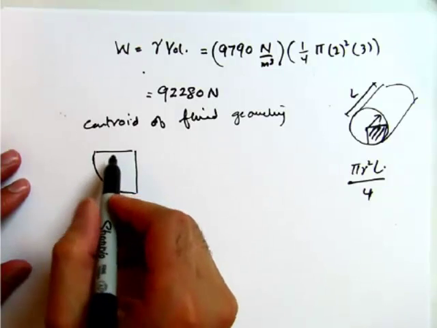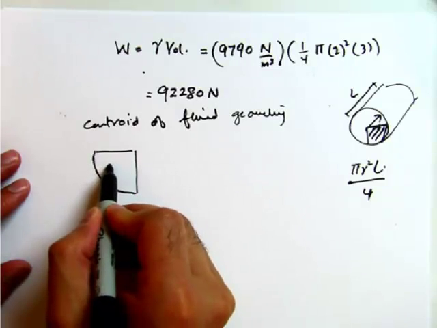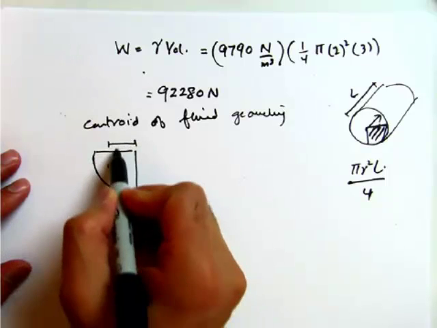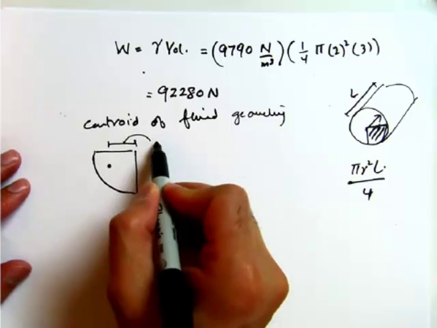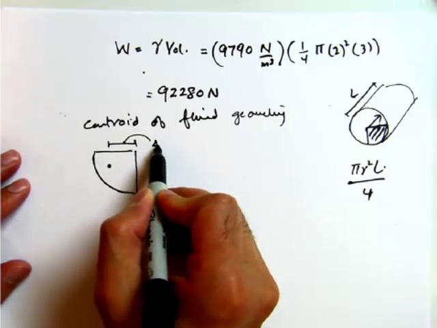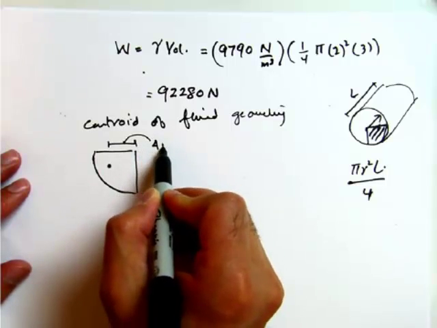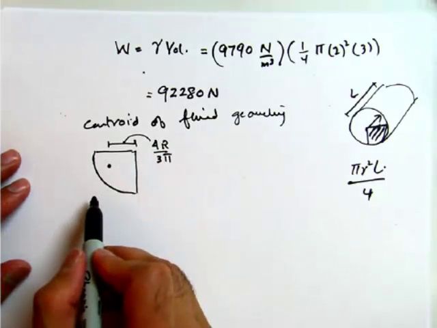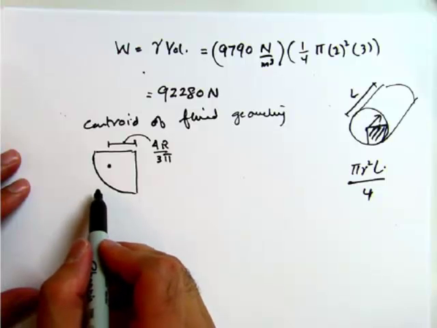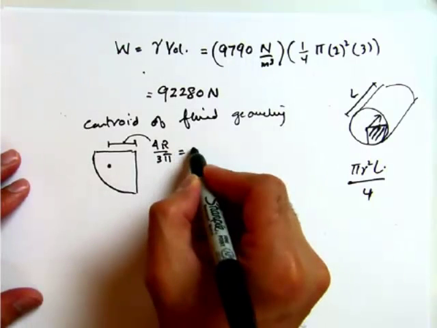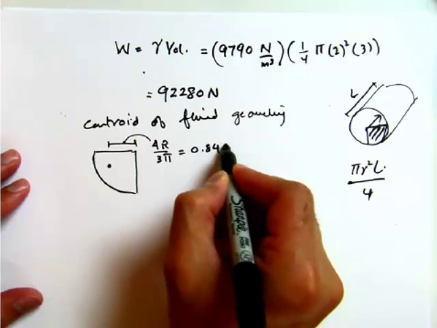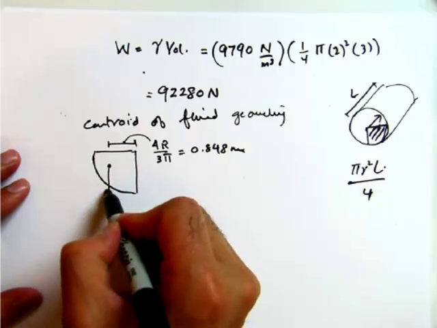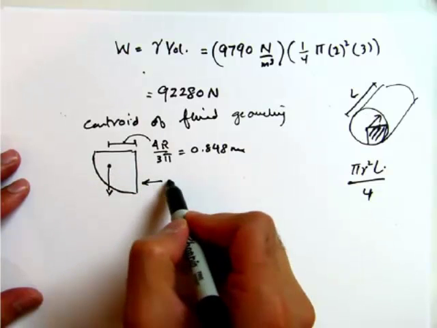And the centroid is this point here, and the distance from here to here is 4r by 3 pi. I can compute that, and in fact this comes out to be 0.848 meters.